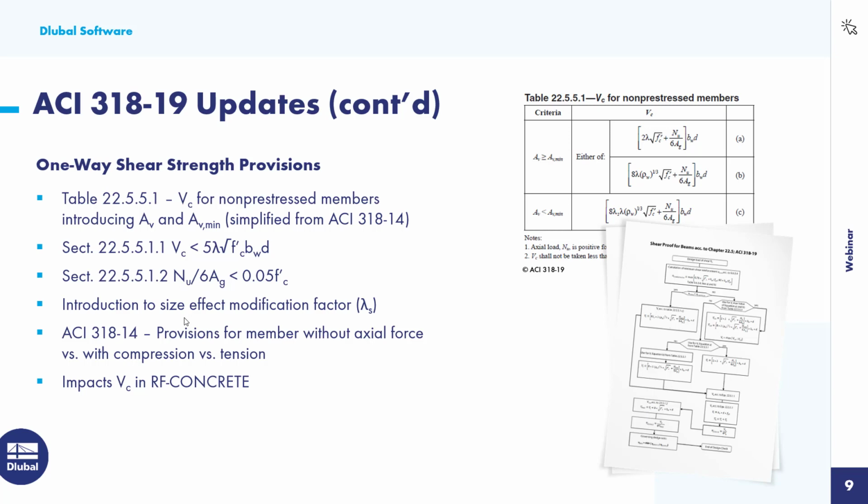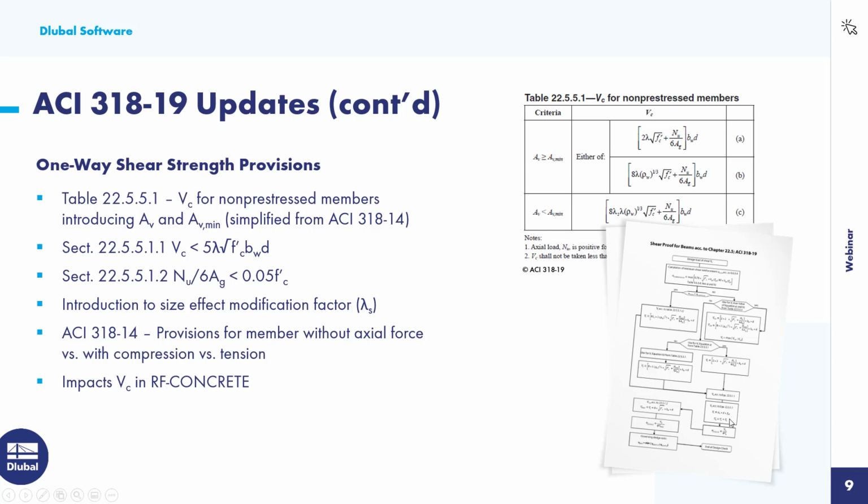Now, I say that it is more simplified, but underneath the hood, what's going on within the program is actually quite complex because we have all of these different scenarios, now including the shear reinforcement, which equation to use here, A, B, or C. And of course, we know that this will ultimately impact the concrete shear strength within both add-on modules, RF-CONCRETE.